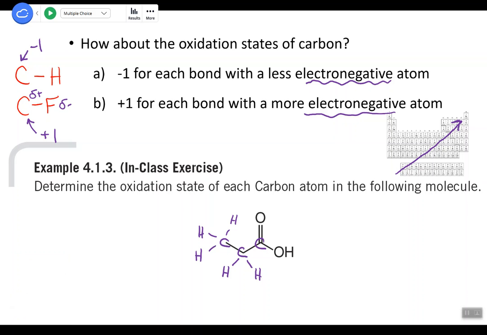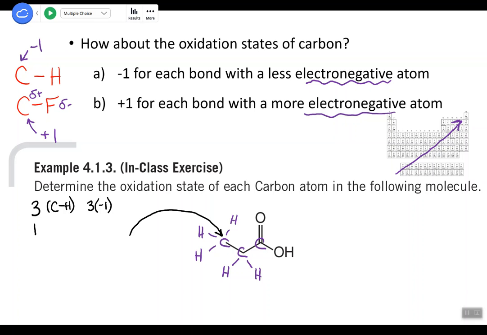So let's start with the carbon over here. I'm going to analyze each of those bonds to carbon and tabulate the overall oxidation number for this first carbon. Well, I can see that this carbon has 3 carbon-hydrogen bonds. Hydrogen is less electronegative, so for each of those bonds, carbon is going to get a -1 oxidation number.